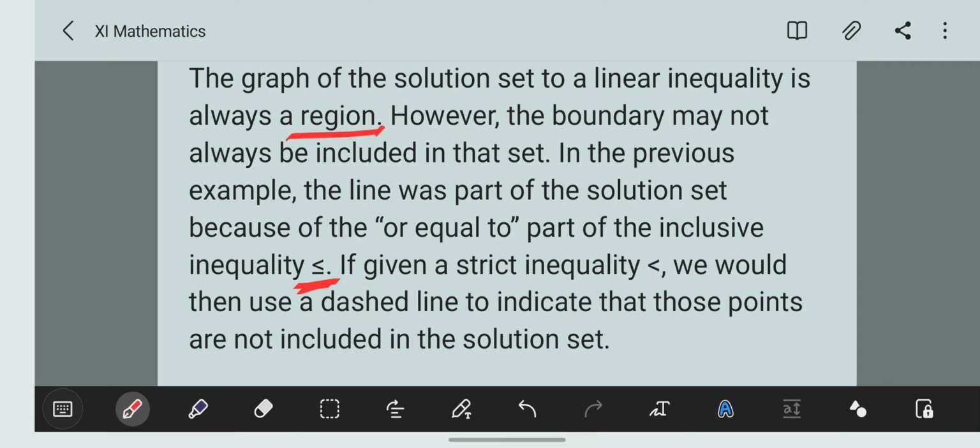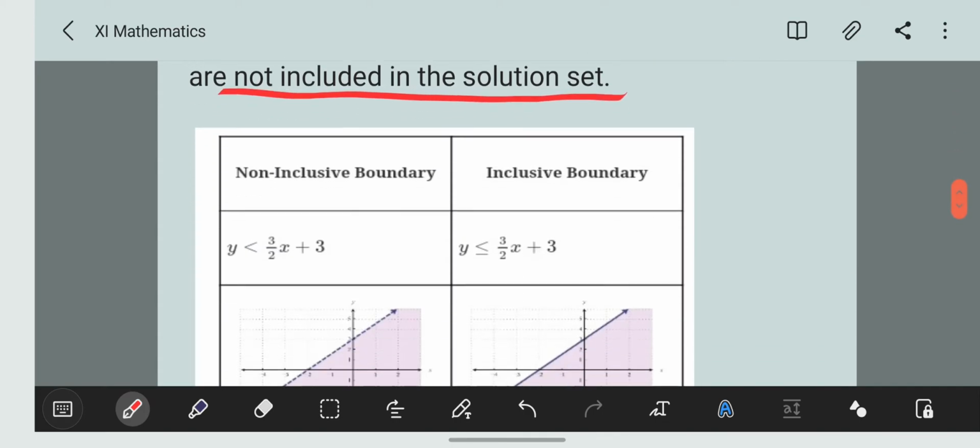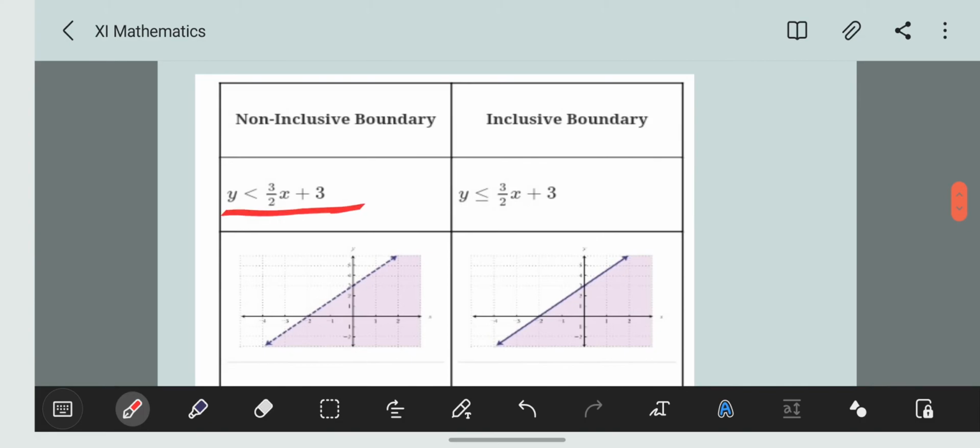If given a strict inequality, that is less than, we would use a dashed line to indicate that those points are not included in the solution set. Suppose the inequality is given like this: this is a strict inequality where only the less than sign is used, and this one is an inclusive boundary, where less than or equal to is used.